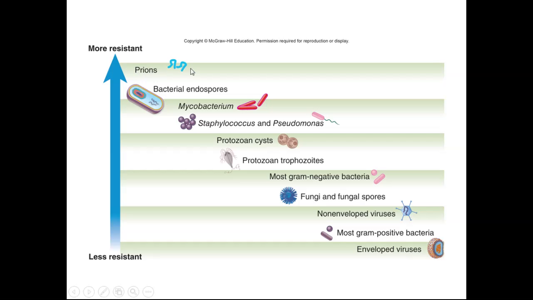We don't necessarily have a good method for removing prions. Prions, unfortunately, are resistant to wet heat. They can make it through an autoclave. The only tried and true method I know that can destroy prions is incineration. The problem with incineration is you also destroy the object in many situations that you're trying to save, unless it's very heat resistant.